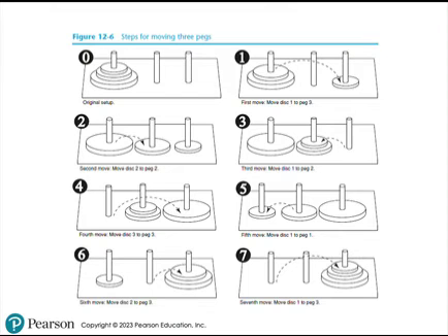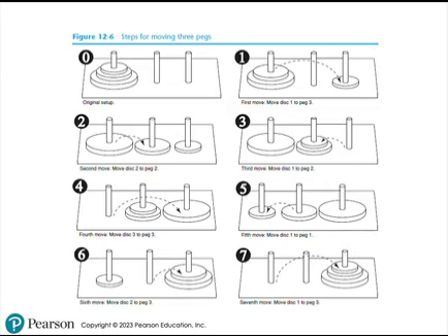So here they're showing you basically move the small disc to the right, move the middle disc to the middle, put the little disc on top of it, move the big disc to the right, move the little disc to the left, take the middle disc and put it on top of the big disc, and then take the little disc and put it on top of the stack.